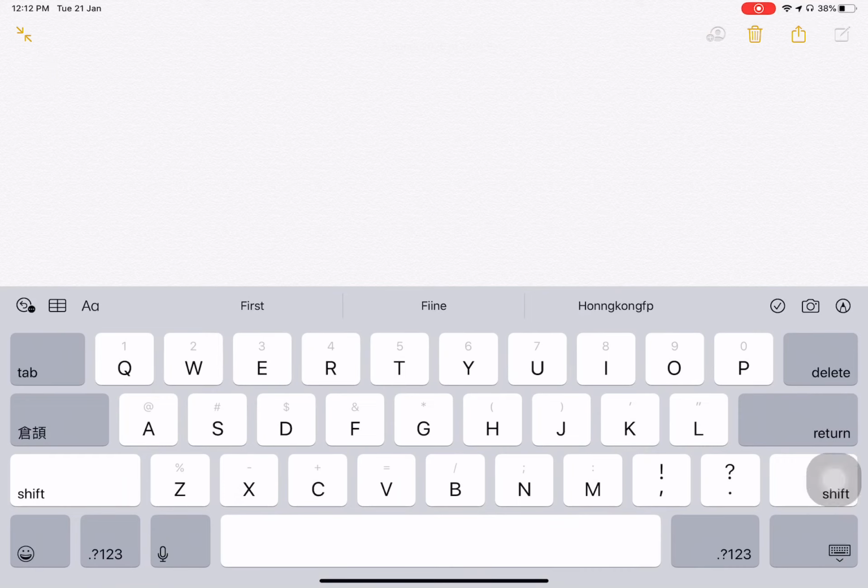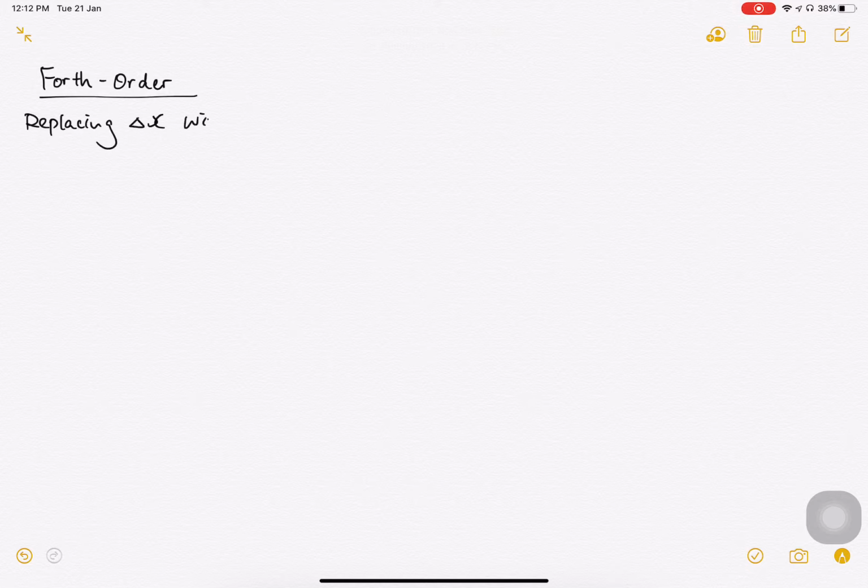Okay. How do we start this? We need to replace delta x with 2 delta x in your center differencing, using 2 delta x instead.